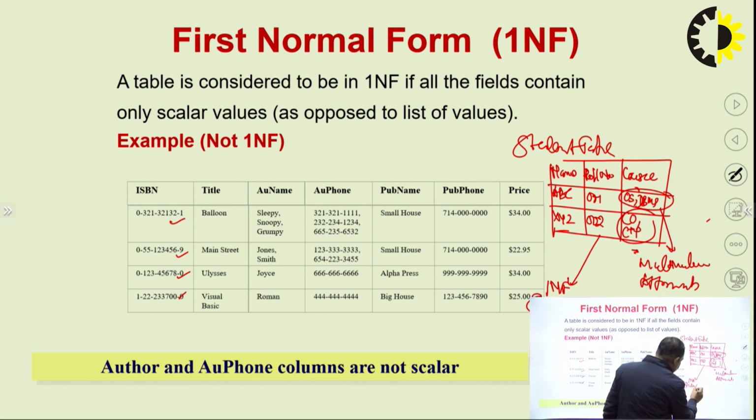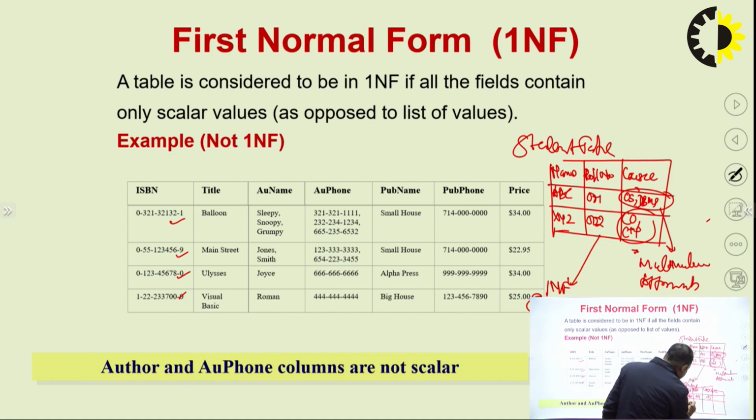The table or relation name is Student, and the column attributes are student name, roll number, and course name. Name is ABC, roll number 001, and course name is OS.